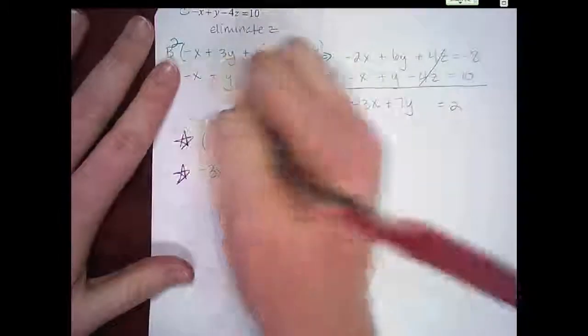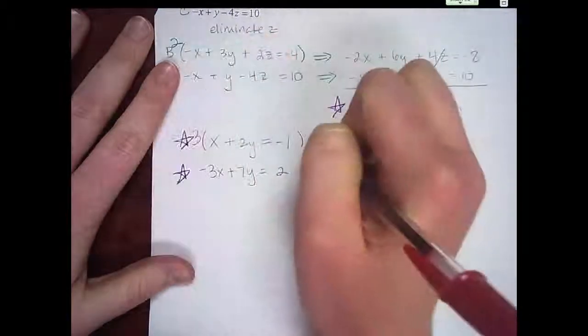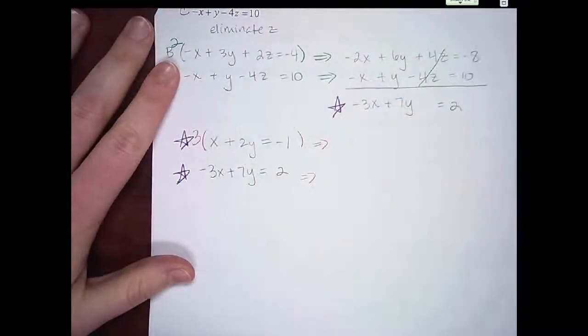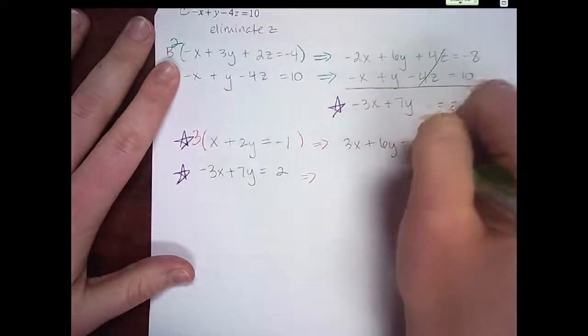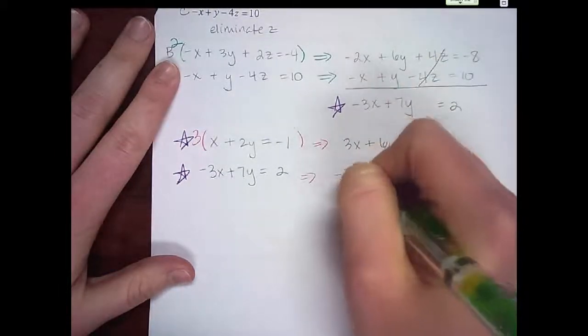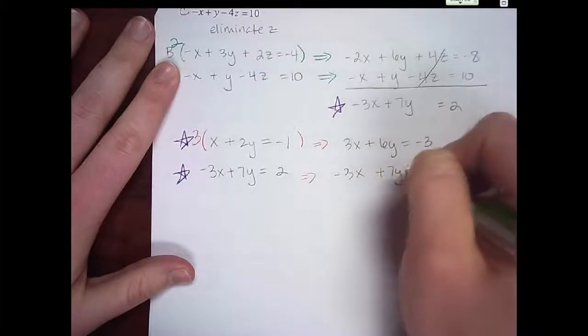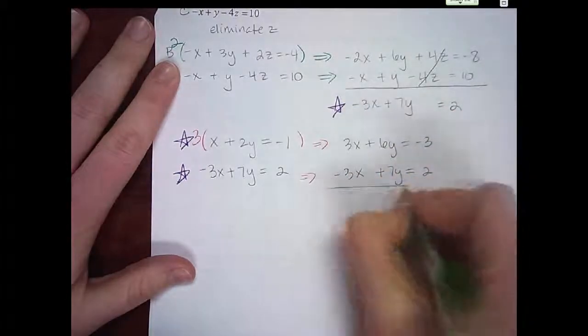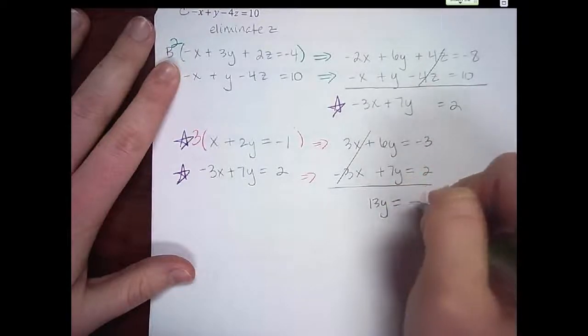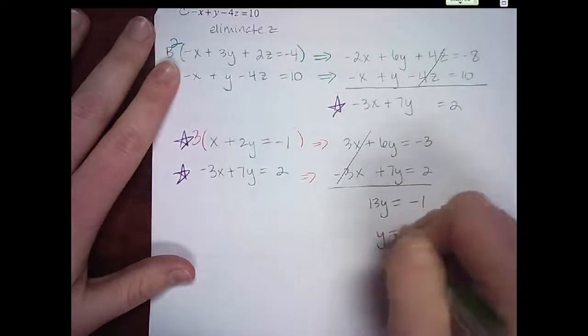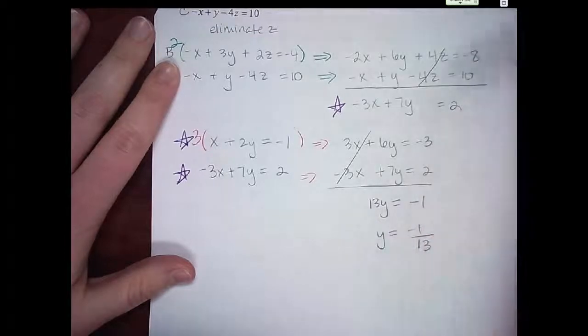So I'm going to multiply this by 3. So 3x plus 6y equals negative 3. Negative 3x plus 7y equals 2. So the x's cross out. I get 13y equals negative 1. Y equals negative 1 over 13.